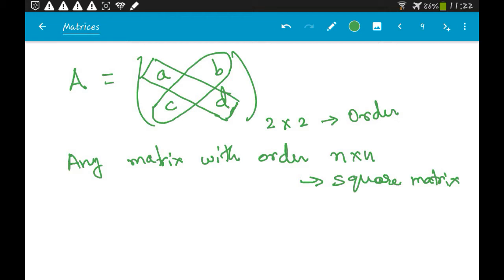So these are your 2 things. The determinant of A is written like this: you have straight lines within which you write A, and that is called the determinant. If you see this symbol, you know for sure that this is the determinant. It is equal to ad minus bc. This is how you do it for a small matrix of order 2 by 2.